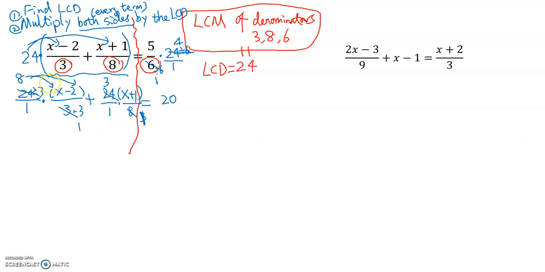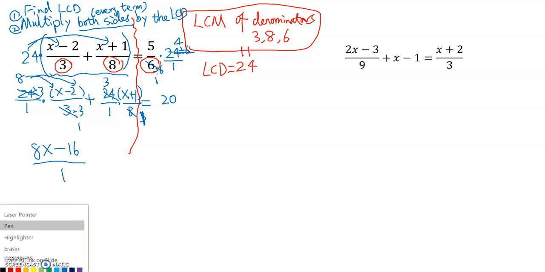So we're going to multiply 8 and x, which gives us 8x. 8 times negative 2, negative 16. Notice on the bottom, since this 3 is reduced to 1, 1 times 1 is still 1. Anything divided by 1 will be itself. So you don't have to put that 1 there.